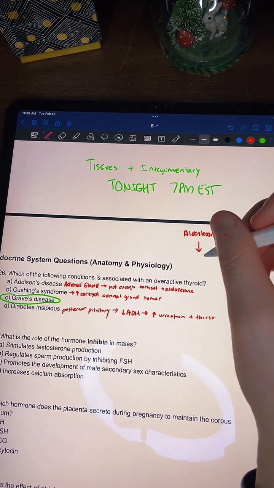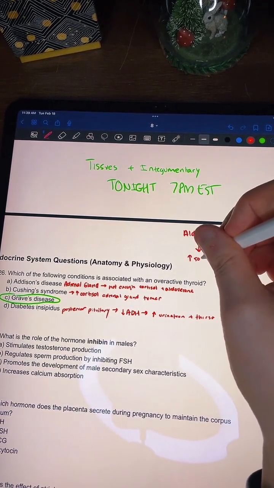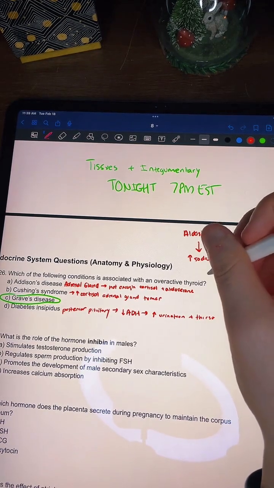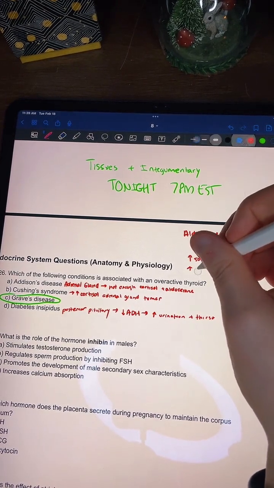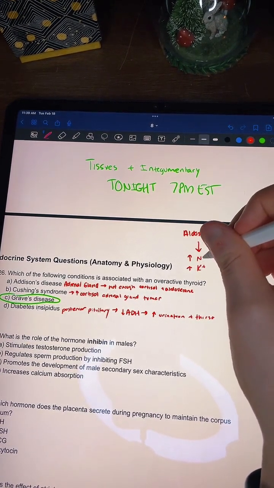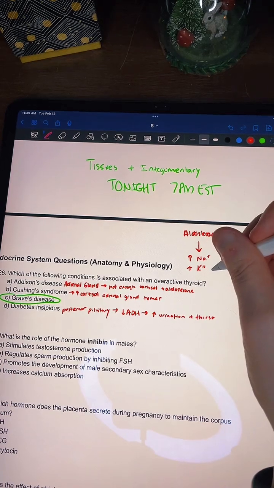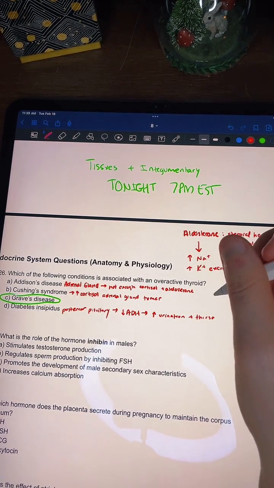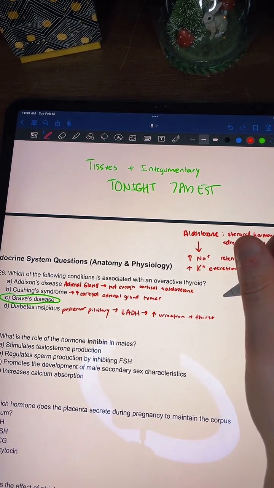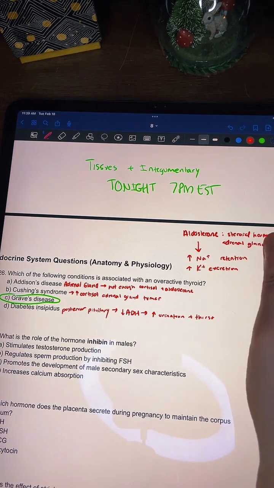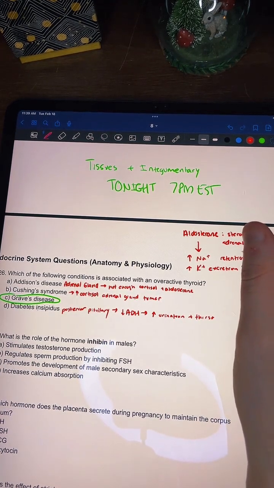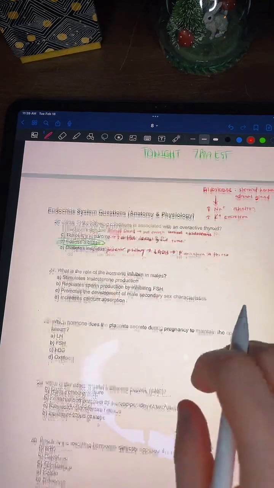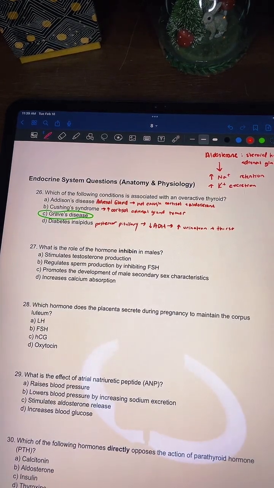And it functions for increased sodium retention, increases potassium excretion, which essentially these are for like water and blood pressure. So that's kind of like the main thing of those. Alrighty.